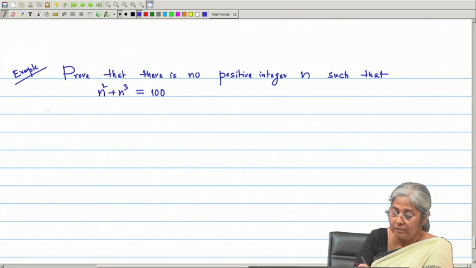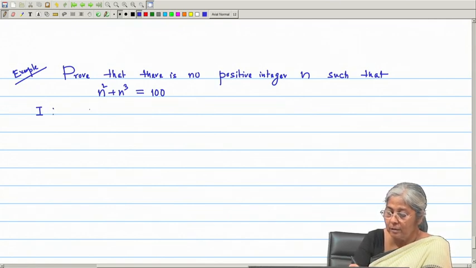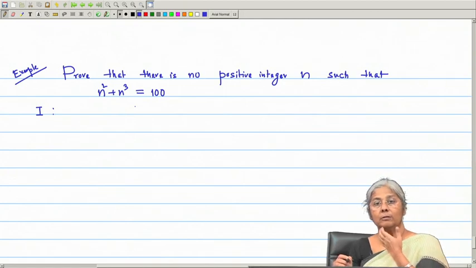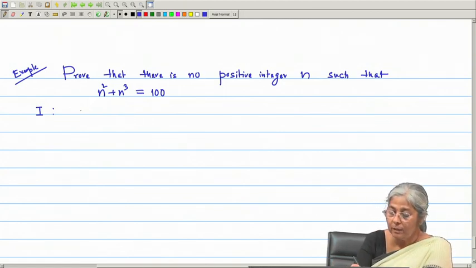One way I can tell: n square plus n cube equal to 100. So, I have two terms on the left hand side.